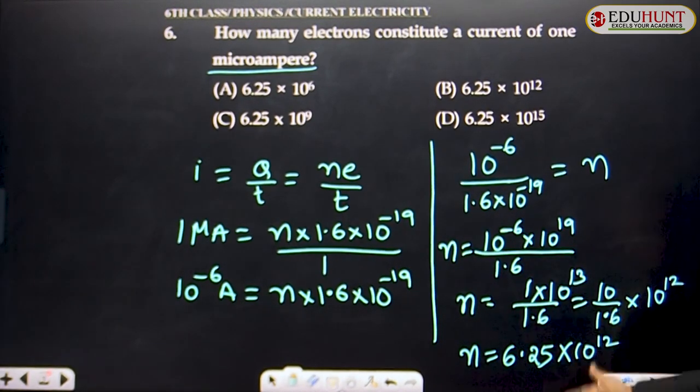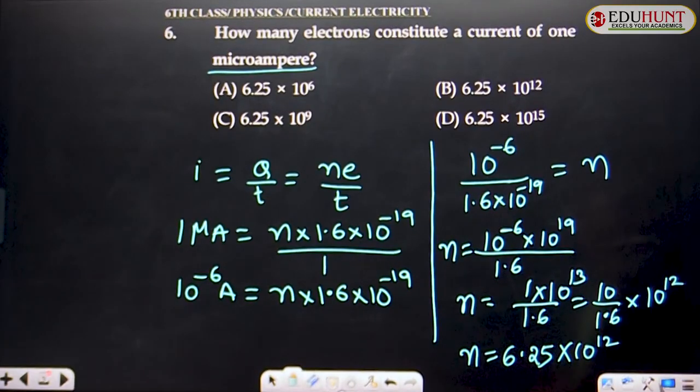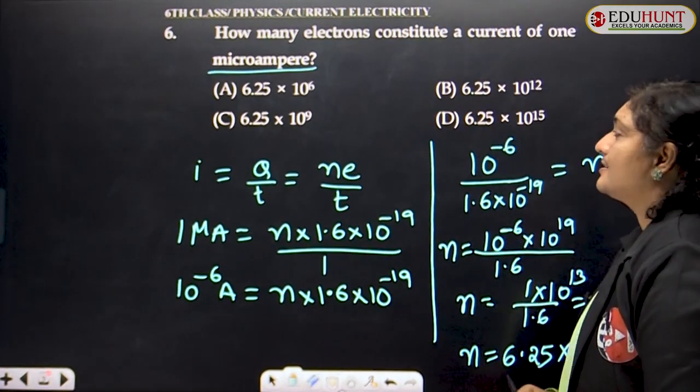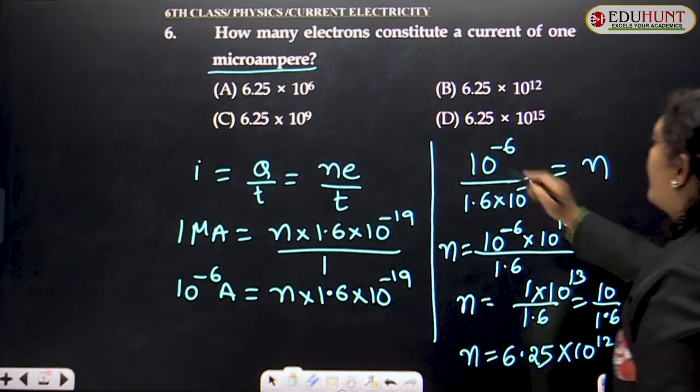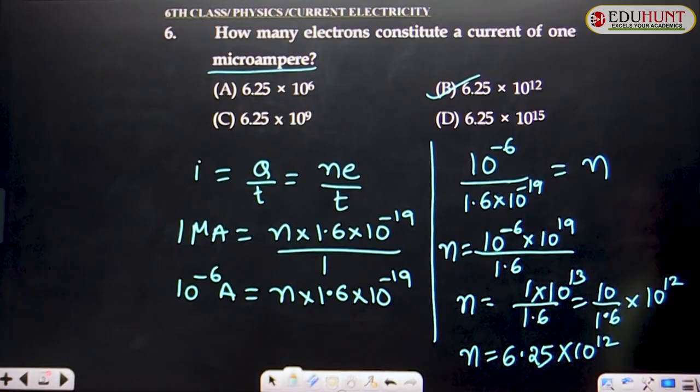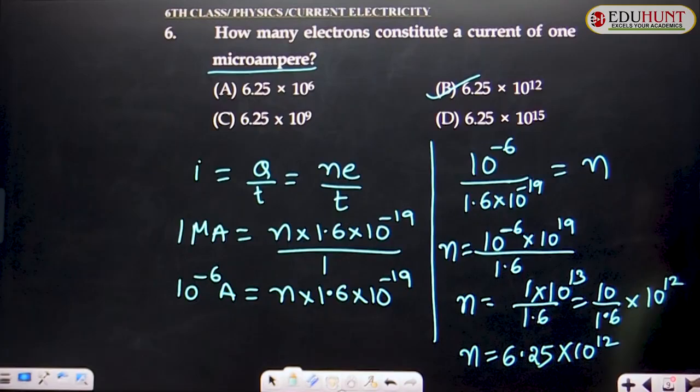So, N indicates the number of electrons. 6.25 into 10 power 12 electrons will constitute a current of 1 microampere. Hence, the correct option is option B, that is 6.25 into 10 power 12 electrons.